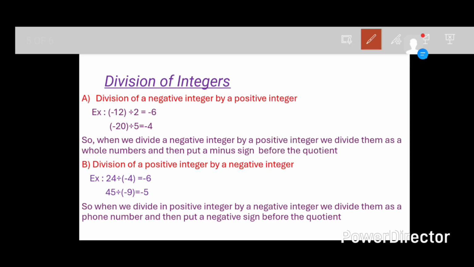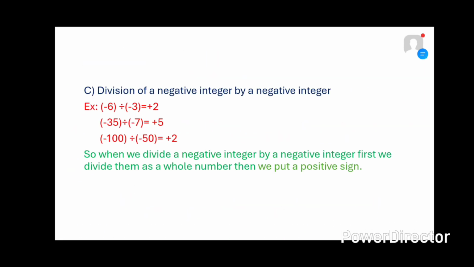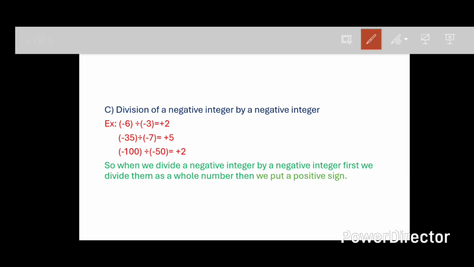Okay. Next, third submain is what? Division of a negative integer by a negative integer. It is different from those two. Here what happens? See in the first example, both are negative. Minus 6 also negative, minus 3 also negative. First you should divide as whole numbers. 3 how much is 6? 3 2s are 6. That's why the answer becomes 2.